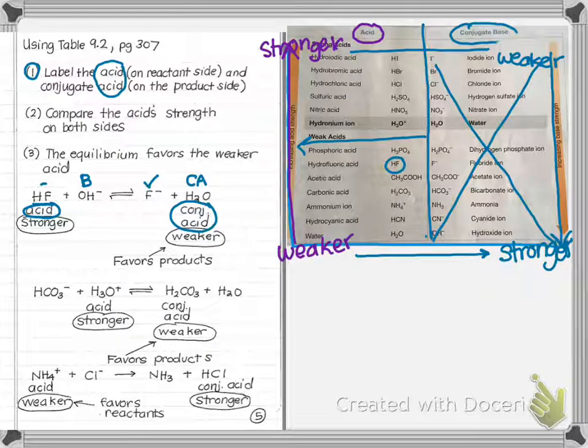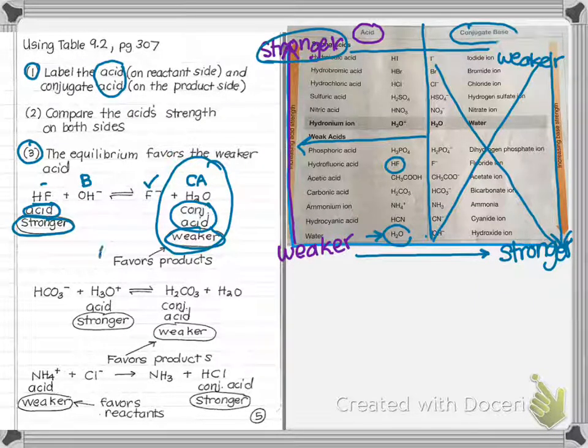And I find water, which is down here. And since it's stronger at the top, I know HF is stronger, so I wrote stronger. And water's way down here, it's weaker. So if you recall, the equilibrium favors the weaker side. So this is the weaker side, which is the products. So this reaction favors the products.